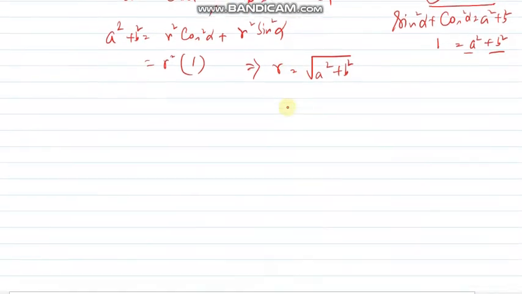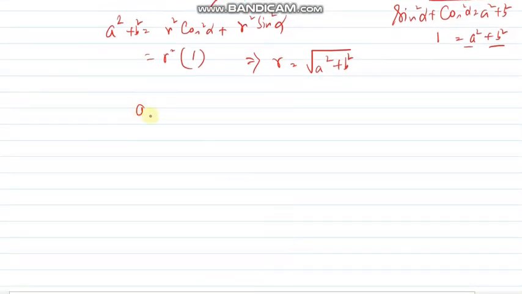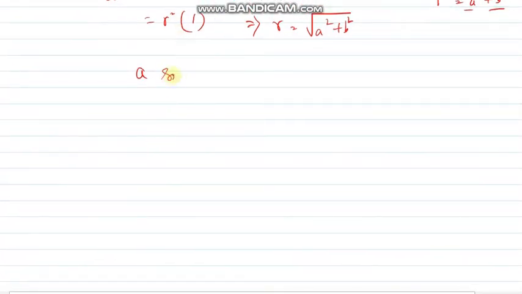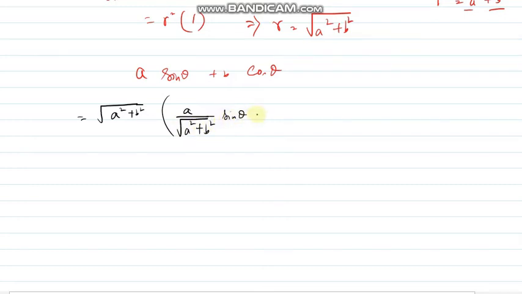So now we will write a sin theta plus b cos theta. I need a divided by this term, right? So to create that term, I will multiply it by root over of a square plus b square, and I will divide by this root over of a square plus b square: a divided by root over of a square plus b square sin theta plus b divided by root over of a square plus b square cos theta.